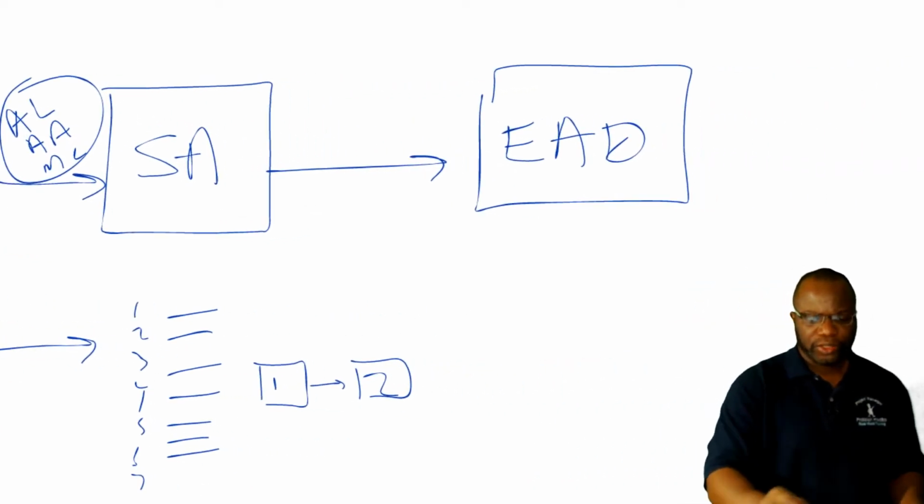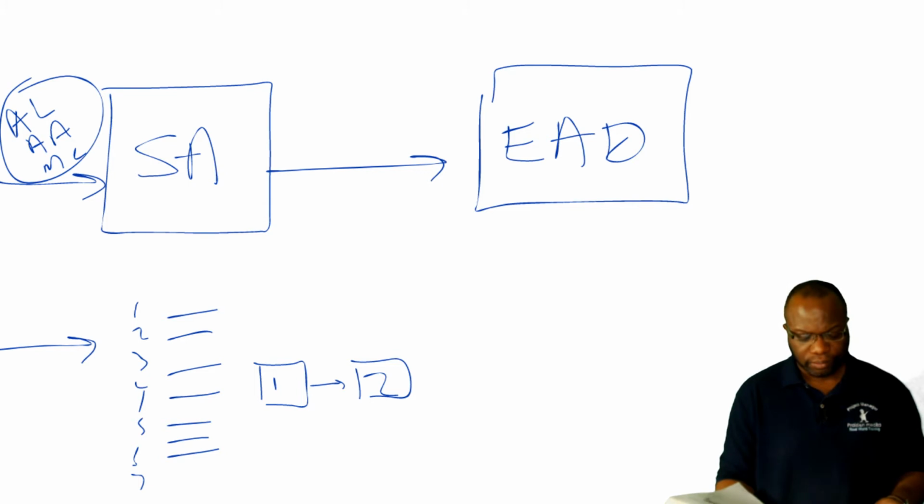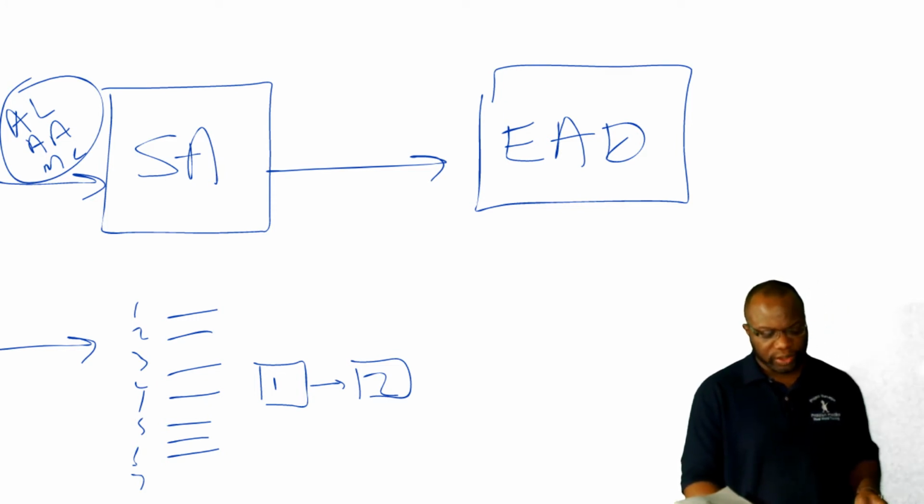Okay. So from sequence activities, your major output is project schedule network diagram. And that project schedule network diagram is going to help you understand the sequence of things and what should happen first, what should happen next, and ultimately this is going to affect the grand scheme of your project.